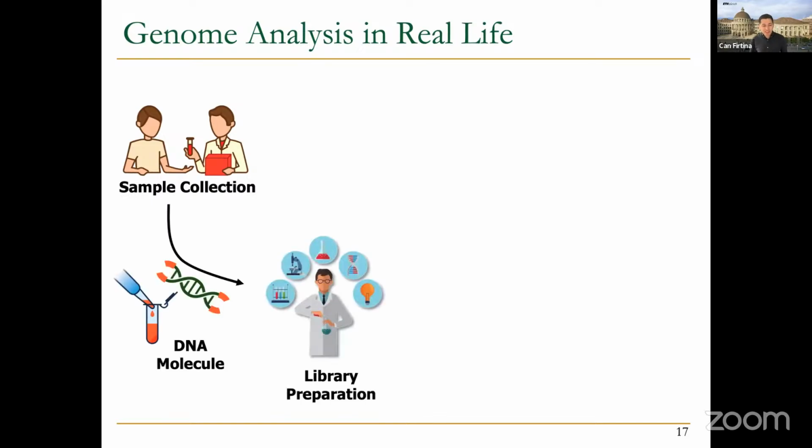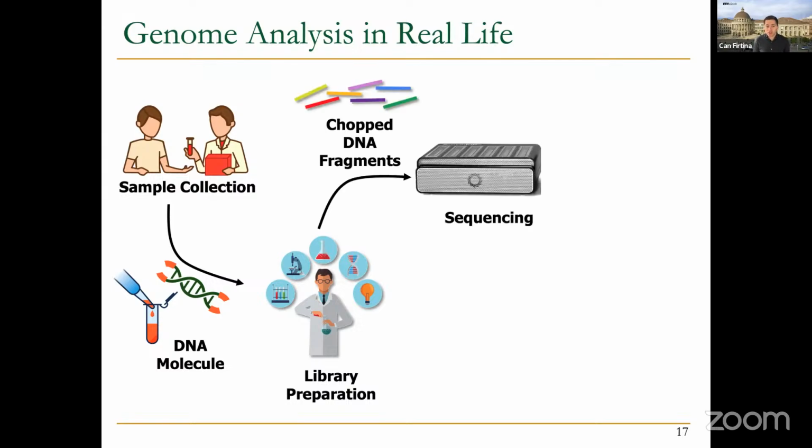And this sample then goes into a procedure that we call library preparation, so that, for example, the DNA that we want to analyze is amplified. It's duplicated in the wet solution that we have, so that we analyze it at a higher resolution, along with some other procedures to purify and so on.